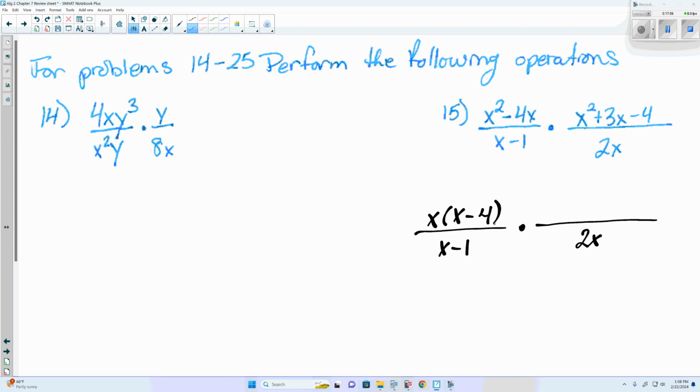X squared plus 3x minus 4. No greatest common factor. And since we do have an x squared term and a constant term, a term without a variable, 2 sets of parentheses with 3 spaces. Our third term is negative, so our signs are opposite. Only factors of x squared are x and x.